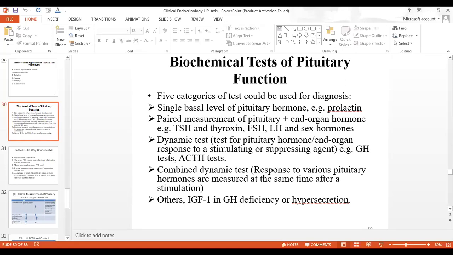Remember we talked about the OGTT test. Not only that, when we go to the adrenal glands, we also do some other suppression tests. Then we have what is called the combined dynamic test. Then you have some other tests that you can also do.